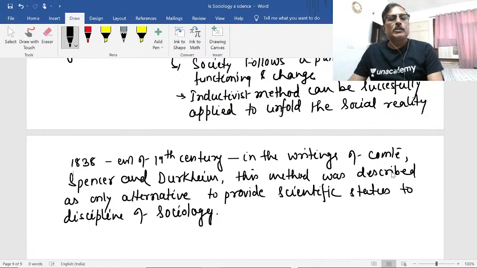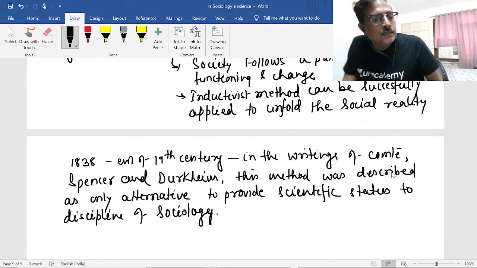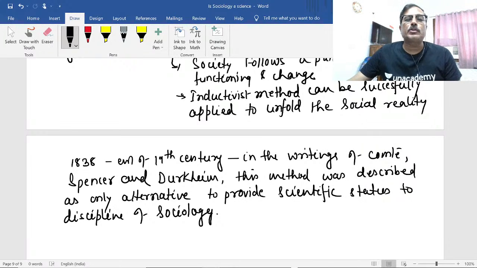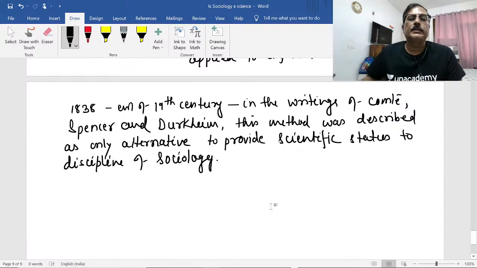And definitely this was based on certain assumptions that are called the postulates of positivism, right?